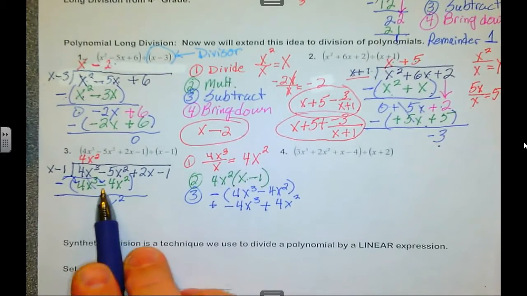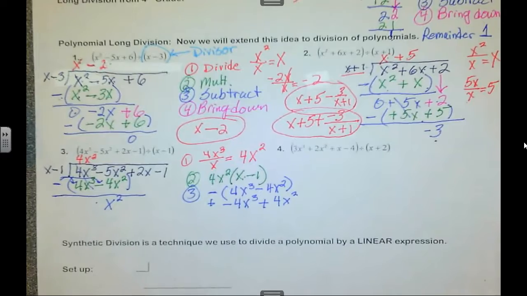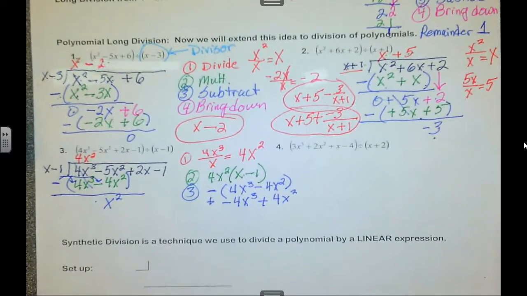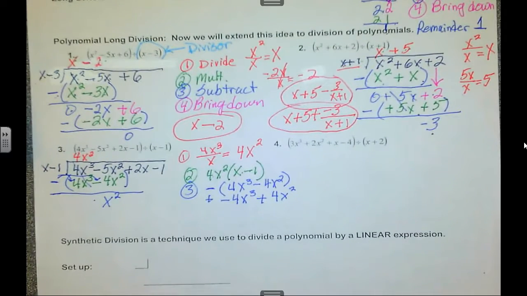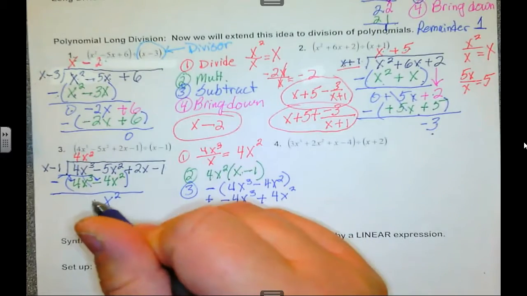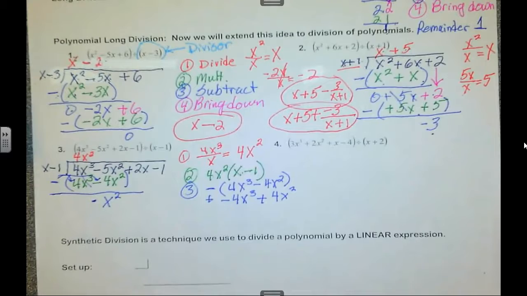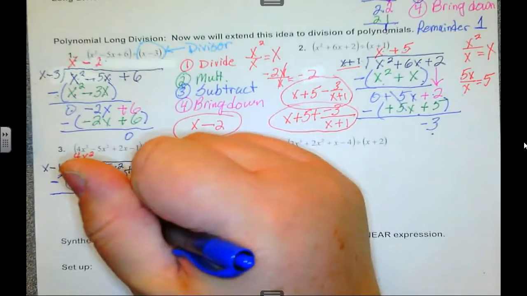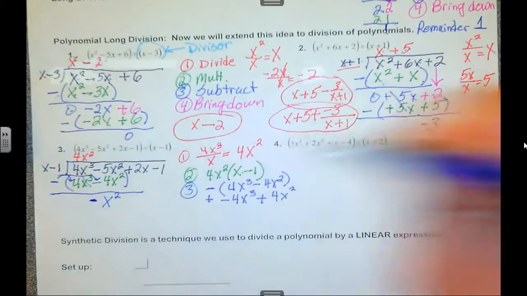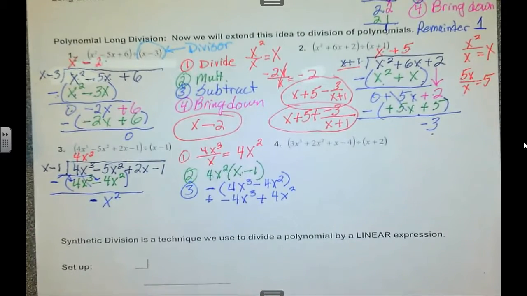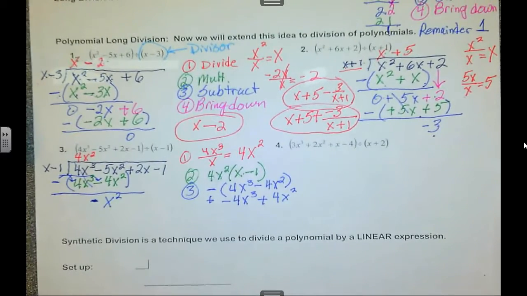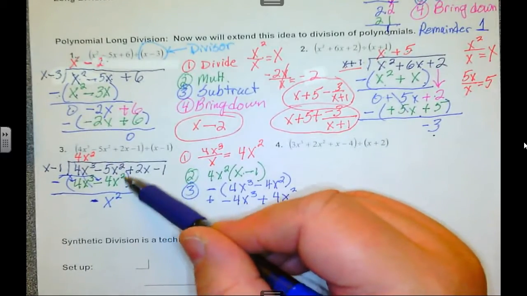So that's a plus 4x squared. Don't like my minus sign or what? Can't see it? Huh? Because these are x squared terms.